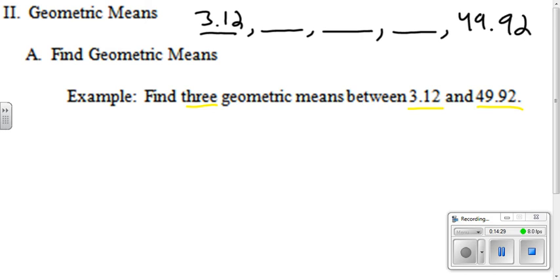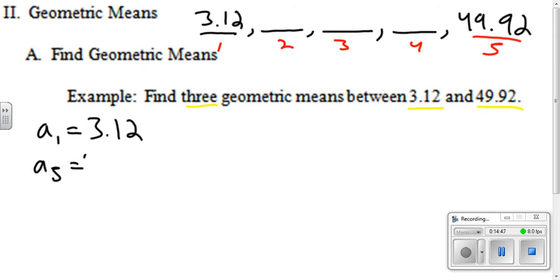That's going to be our kind of mini sequence that we're looking at. So what we know is that this is our 1st, 2nd, 3rd, 4th, and 5th term. So it looks like we know a sub 1 equals 3.12 and a sub 5 equals 49.92. Okay, from there we don't necessarily know our r, but we can use these 2 pieces to make our equation.